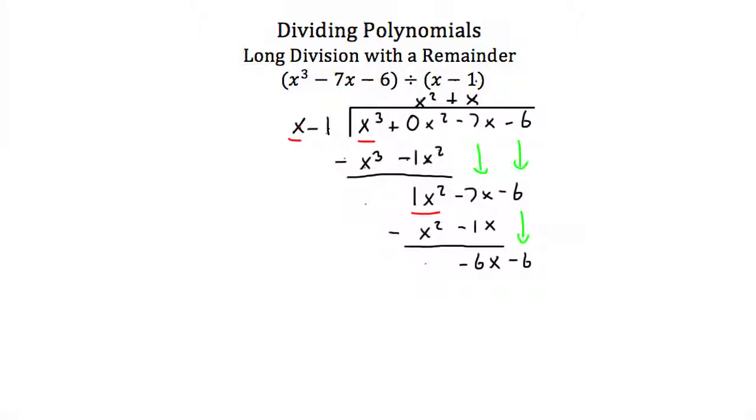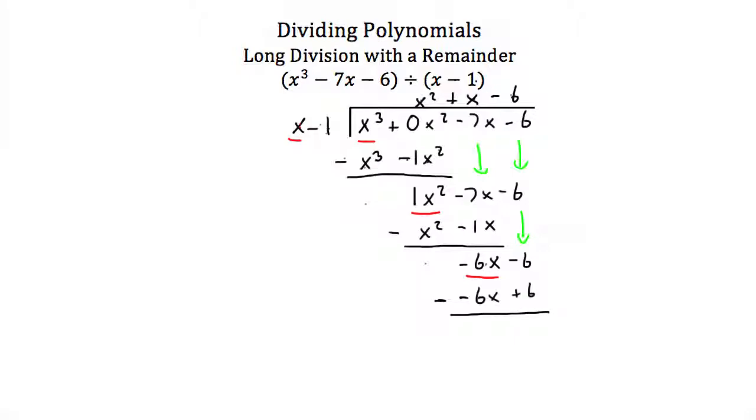And now we need to figure out how many times x goes into a negative 6x, or what we need to multiply x by to get a negative 6x. That's just negative 6. So negative 6 times x is our negative 6x, and negative 6 times negative 1 is a positive 6. We subtract.